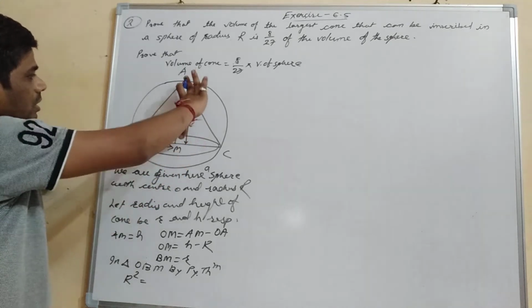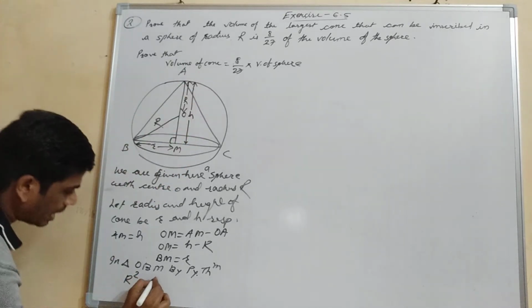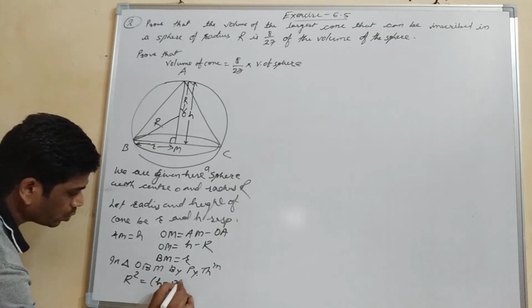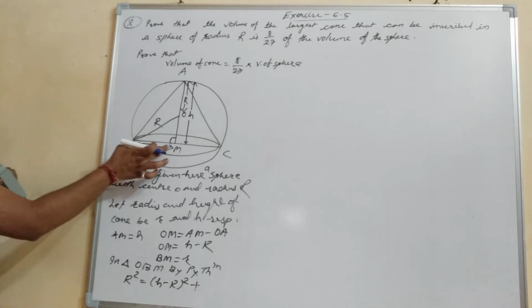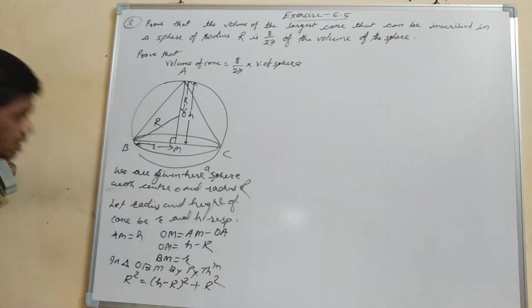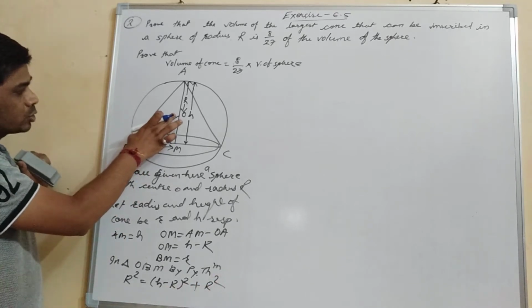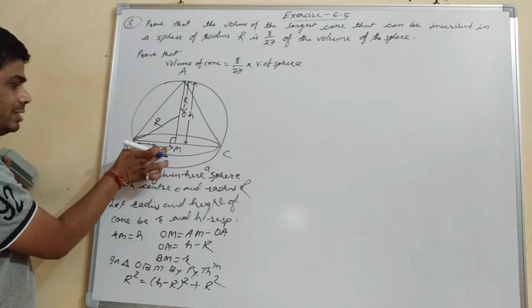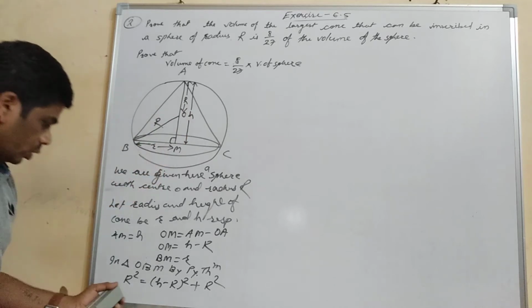OM is h minus capital R, h minus capital R square plus BM, BM will be what? r square. Means hypotenuse square is equal to perpendicular square plus base square. Okay. So this we will get.